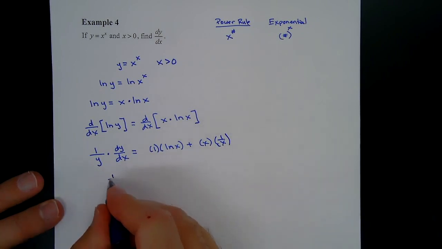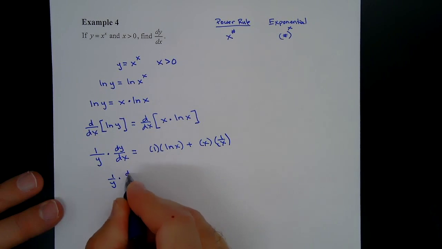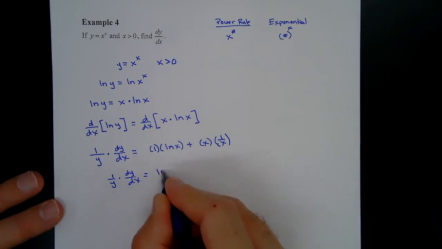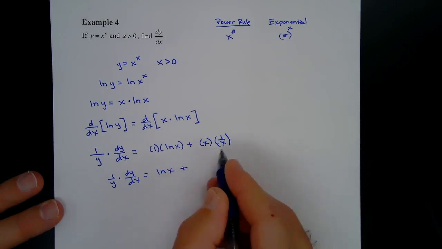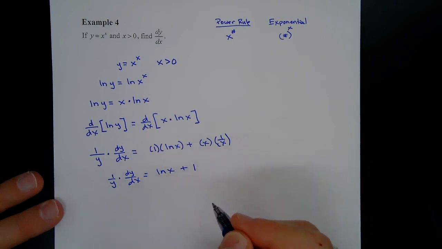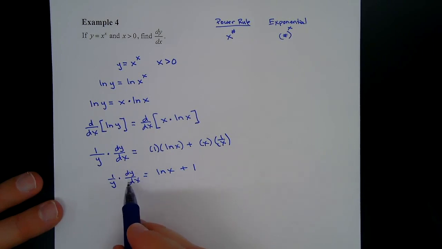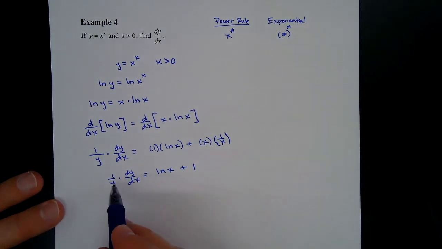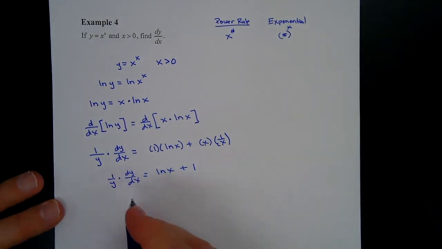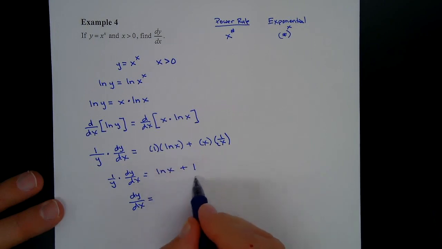So this is 1 over y times dy over dx is equal to the natural log of x plus, and this would just become 1. And now to get my dy over dx, I'm just going to multiply both sides of this equation by y. So multiplying this left-hand side would result in giving me dy over dx is equal to, and multiplying this side by y, this entire thing, now I'd have to use parentheses.